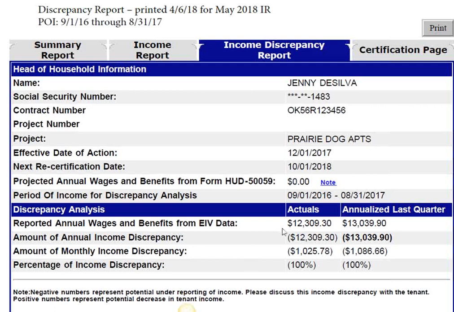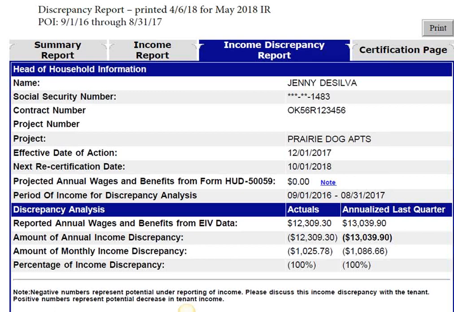The name of the game is to say, where did EIV get this 12,309 by looking at this time frame? And once we've established where EIV came up with the 12,309, can we document and provide an explanation for why we didn't put that? Can we show that we're smarter than EIV?